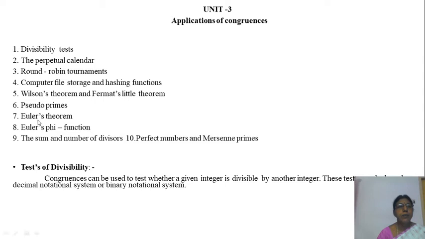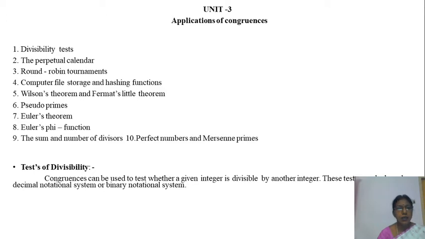Now, first we see the divisibility tests or tests of divisibility. First we see the theorems. We use the congruence. Already we have learned the congruence in the second unit. What is the use of it?